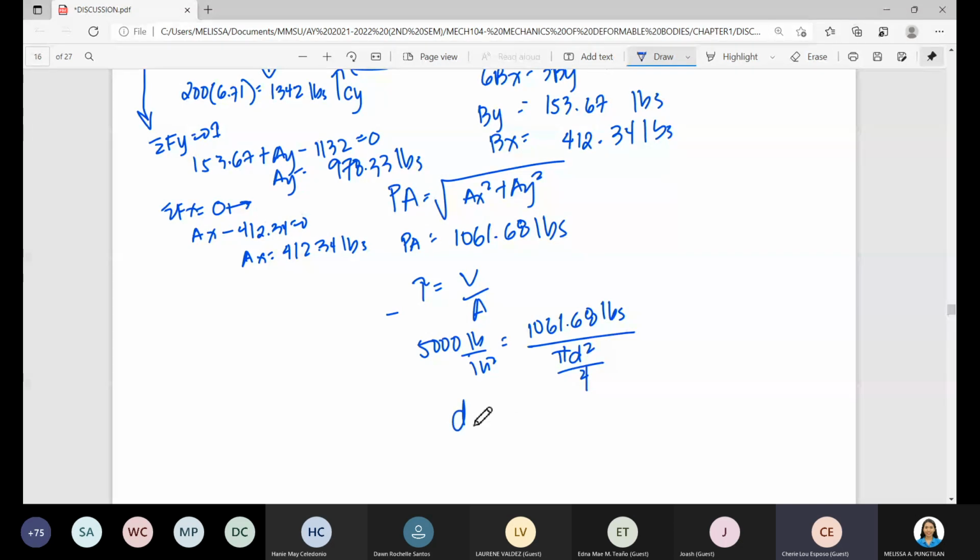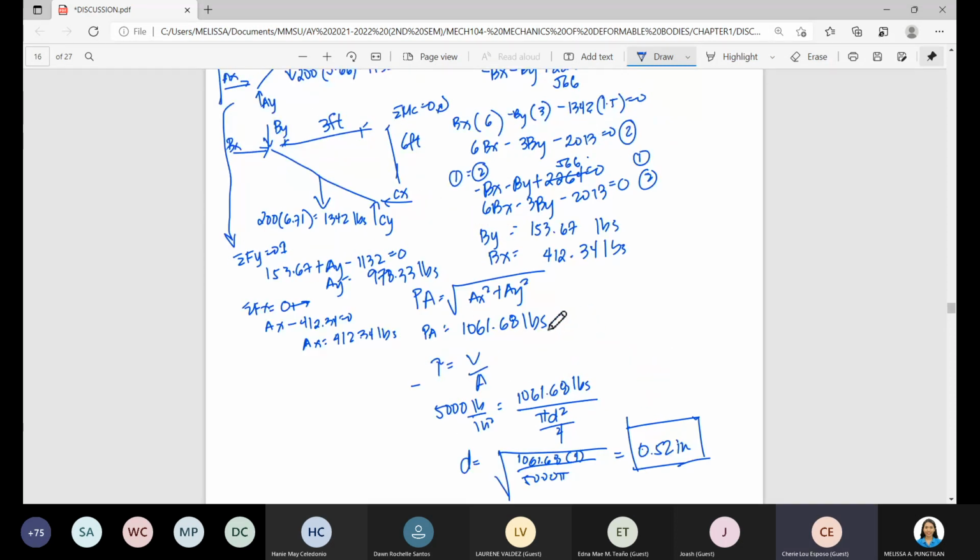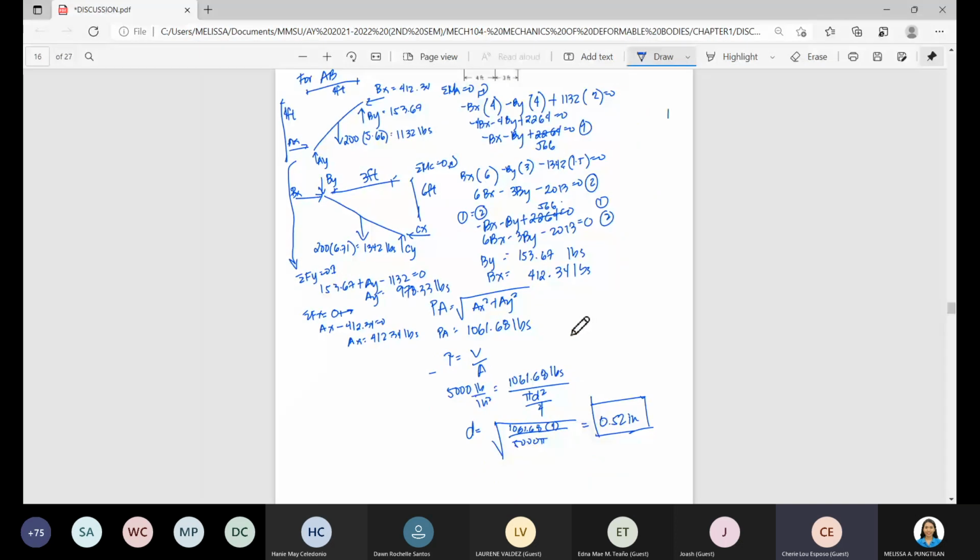Therefore, D is equal to 0.52 inches. So, this is our final answer. Yung whole solution.